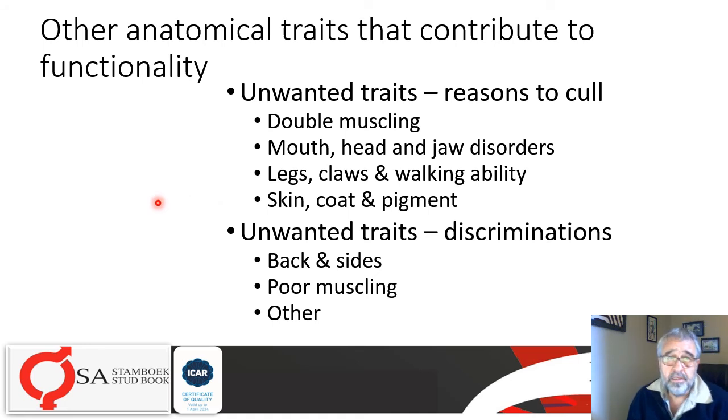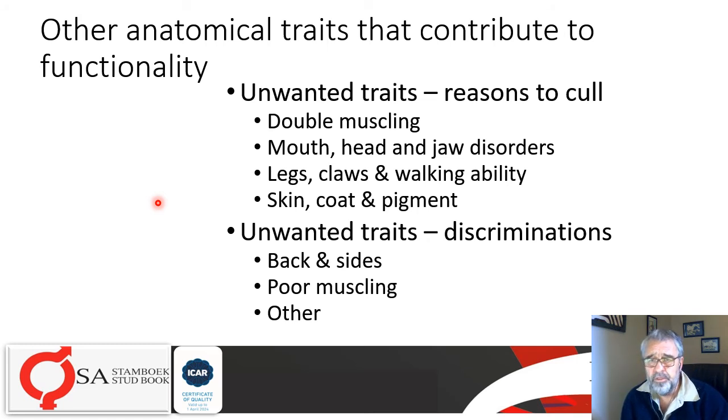So there are some other anatomical traits that can also contribute to functionality, and some unwanted traits that you have to cull for. One is double muscling. Obviously now with the test we can determine carriers of different forms of double muscling, but especially in the production systems in South Africa, double muscling is something not to be tolerated, I think.